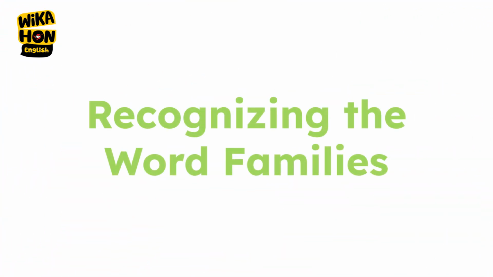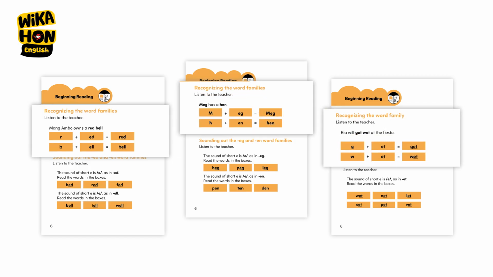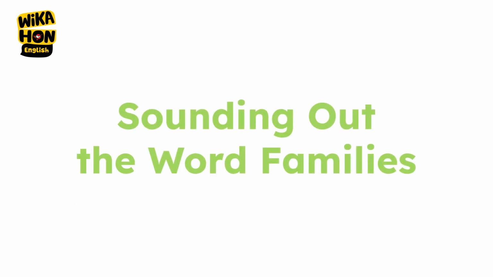Recognizing the word families. As students develop alphabet knowledge, they learn to blend letters with similar endings to decode words. In order to introduce the word families, the beginning letters and similar endings are separated to help students visualize similar ending sound patterns. Sounding out the word families.